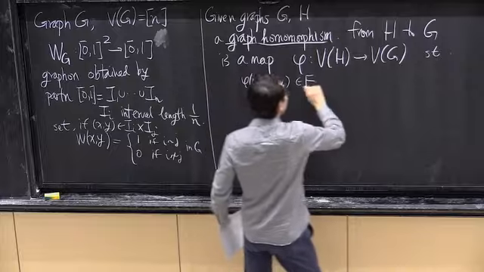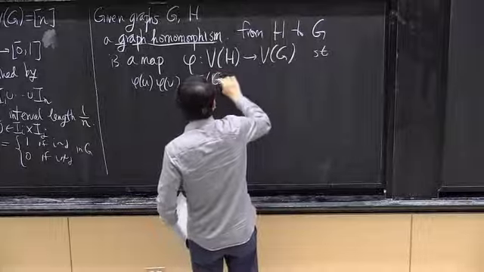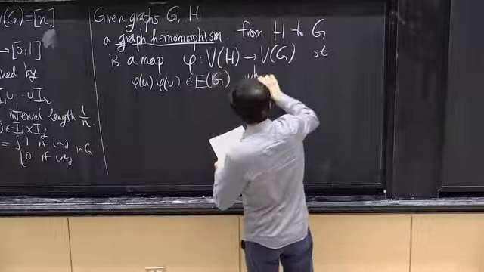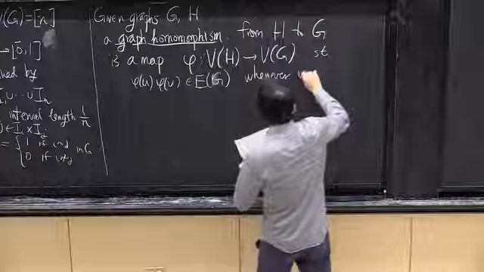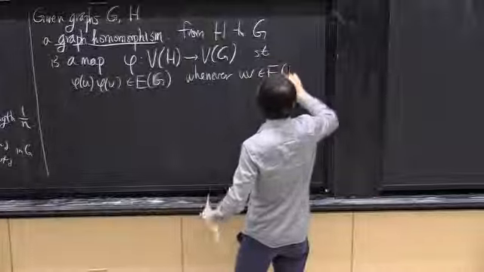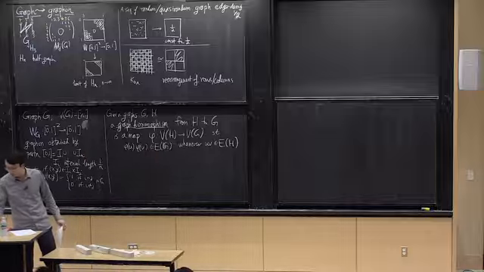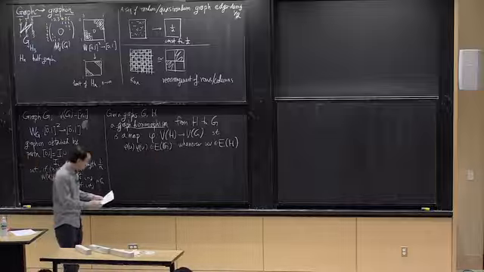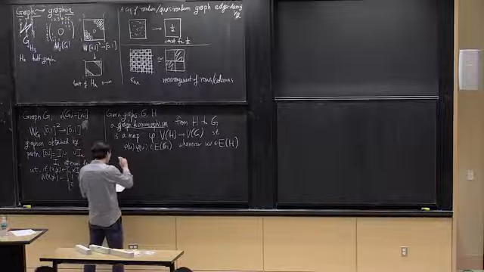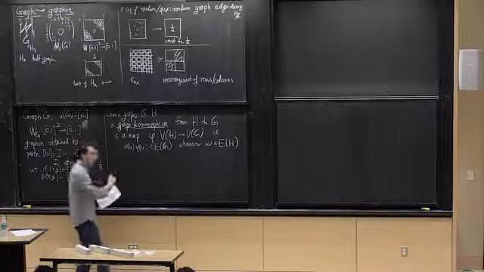So whenever uv is an edge of H, the image vertices get mapped to an edge of G. And we are interested in the number of graph homomorphisms.